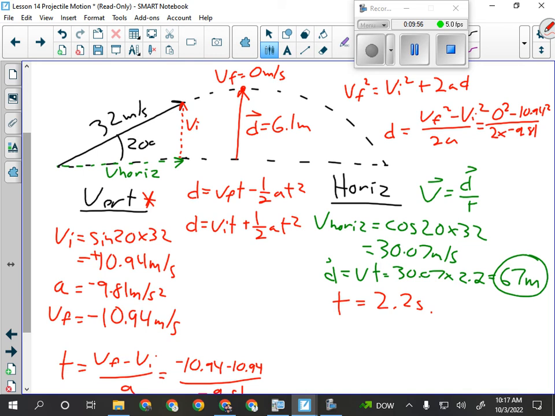In fact, if I use the full time, what should this come out to? My final vertical displacement, which in theory for this question should be zero. So that's why I caution you not to use this. You can, but you have to remember to half your time when you use it, and most people don't.